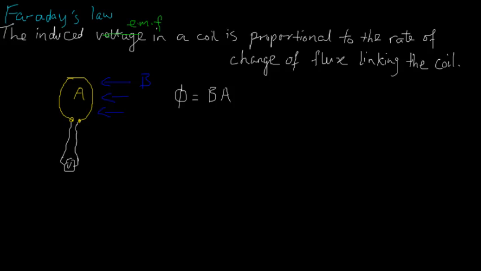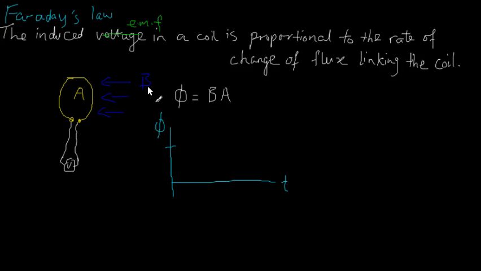Now I can imagine plotting a graph. Suppose I plot the graph of the flux density against time. So suppose that in the beginning there is a certain flux density. In the beginning, the magnetic field has a certain strength.